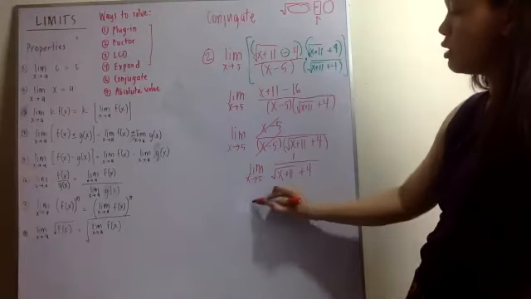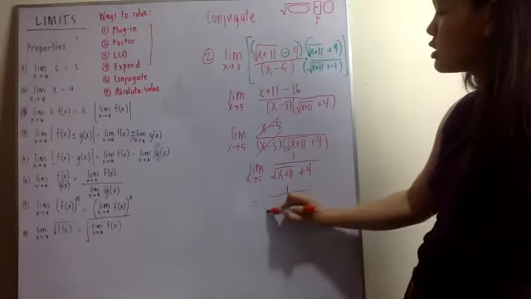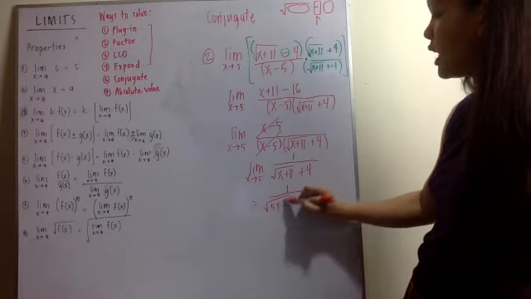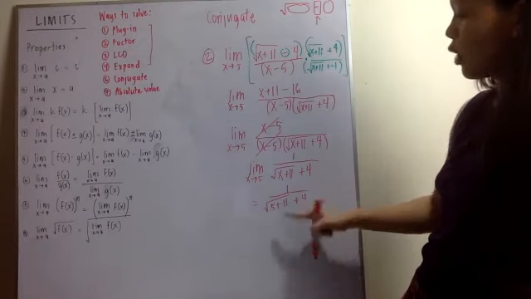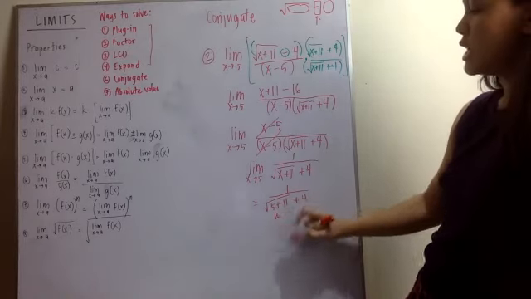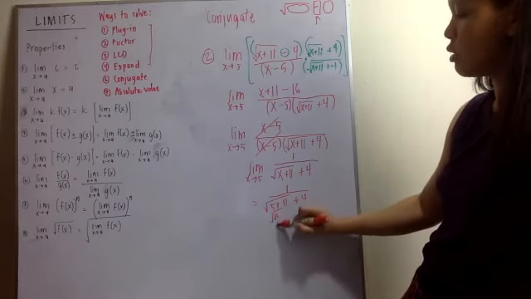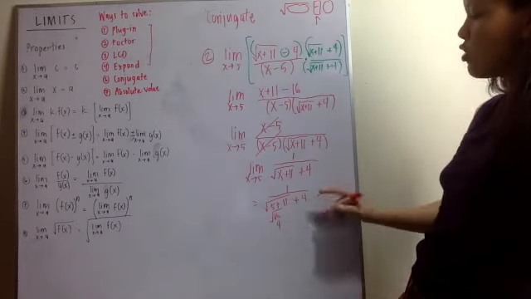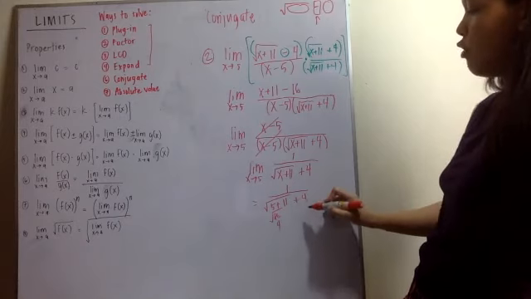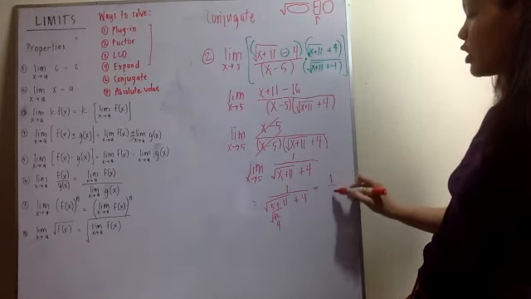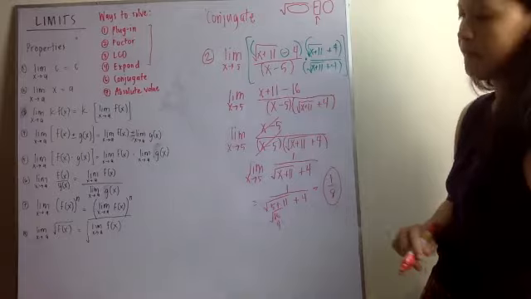Substitute 1 over square root of 5 plus 11 plus 4. 5 plus 11, that's equal to 16. Square root of 16, that's equal to 4. So, meron tayong 1 over 4 plus 4, or 1 over 8. Okay?